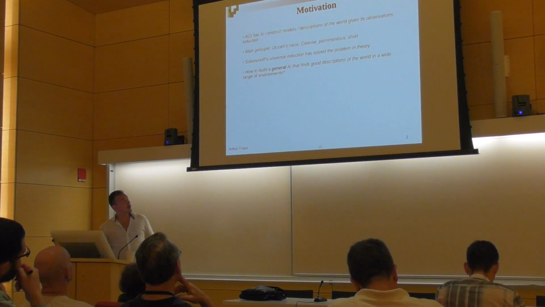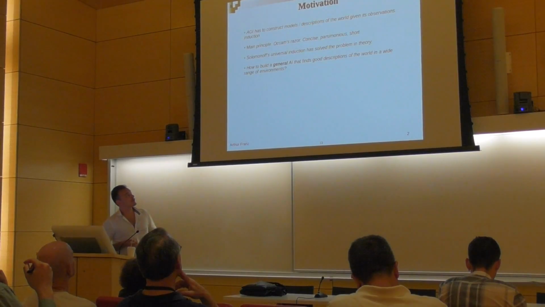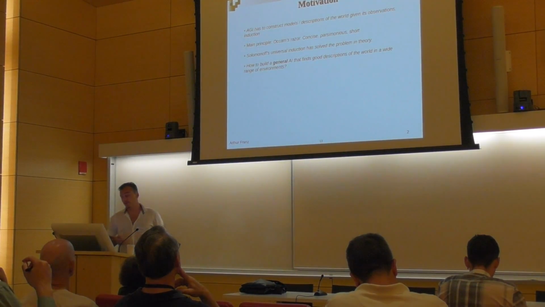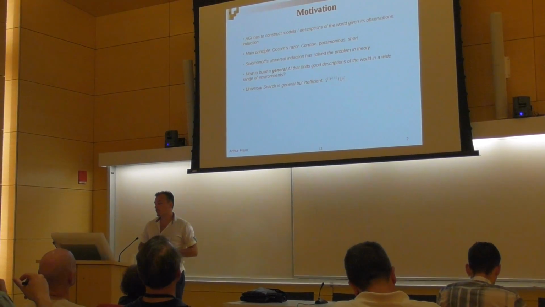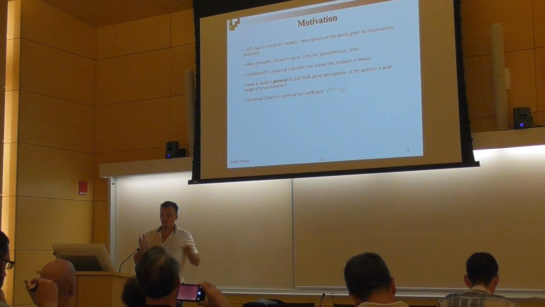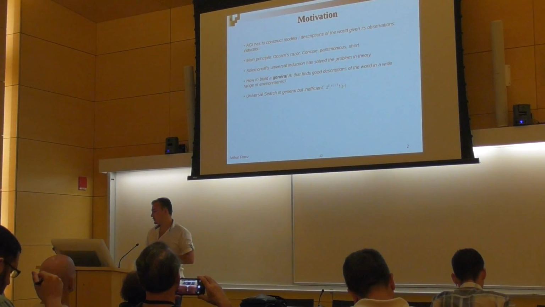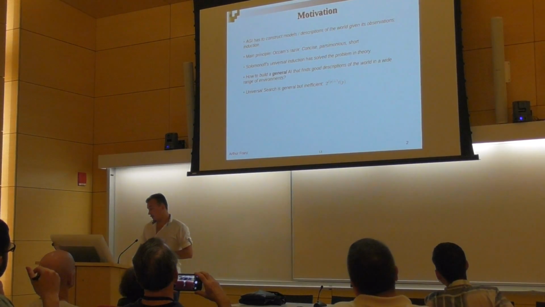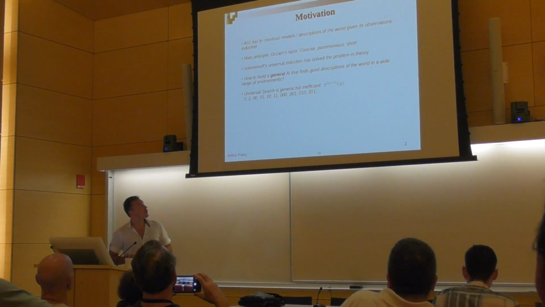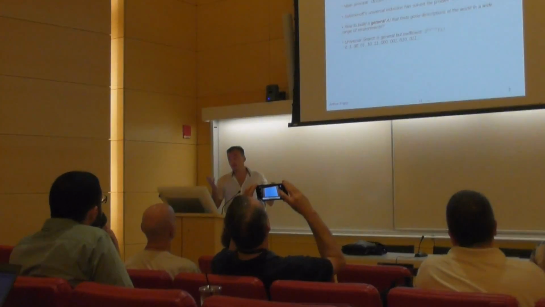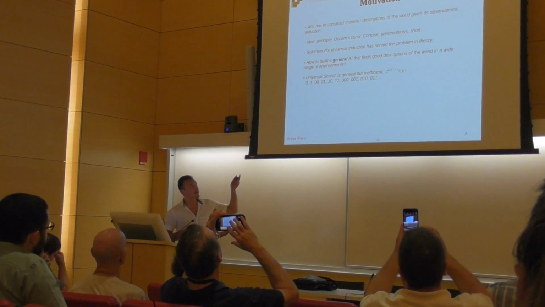So the problem is how to build a general AI that finds good descriptions of the world in a wide range of environments. And the only general thing we have is variants of universal search like Levin search, which executes programs which are coded as binary strings and ordered by the length.